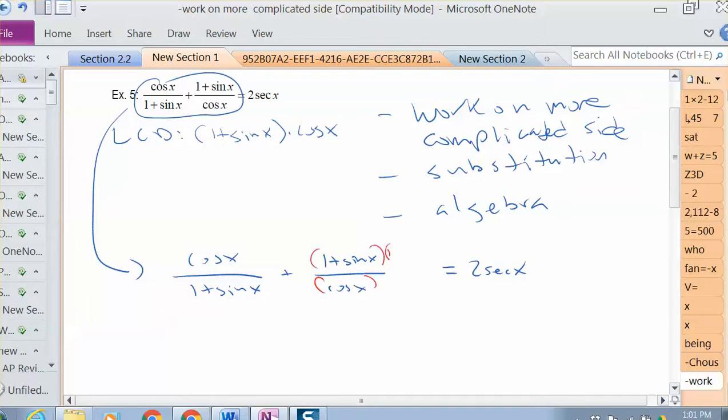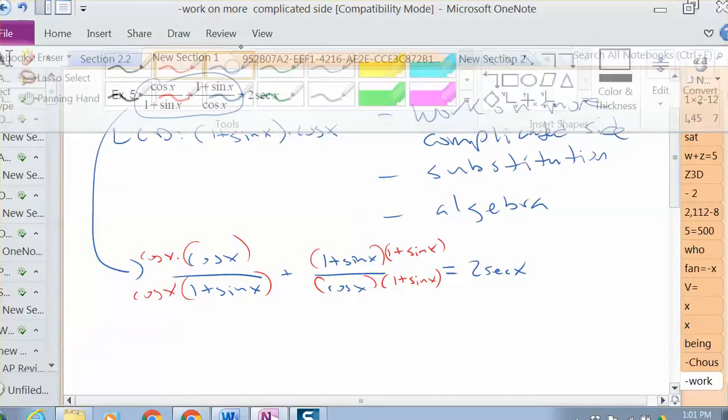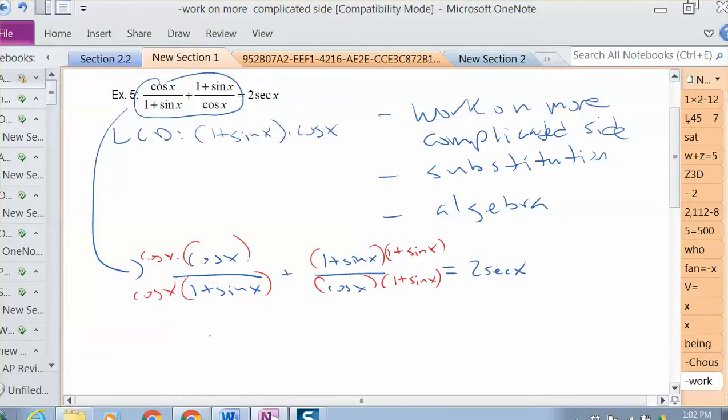So obviously the second fraction needs 1 plus sine x both top and bottom. And here we need cos x. So if I work the second, cosine squared, and I've got to FOIL, obviously, all this over here: 1 plus 2 sine x plus sine squared x.